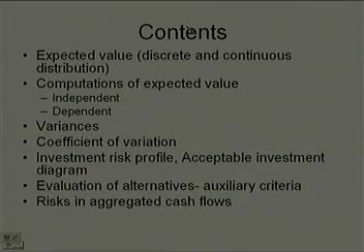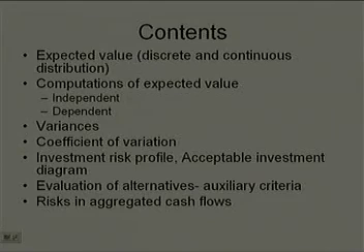So, in this particular class we are going to follow the contents shown on the slide. We are going to discuss further the expected value. We are going to discuss two cases, one in which the cash flows are supposed to be independent, and another in which the cash flows are dependent.